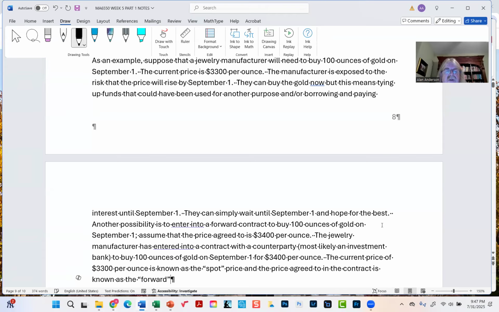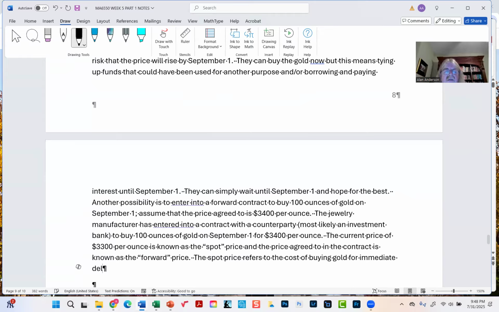The distinction between the two is when it is going to be delivered. The spot price refers to the cost of buying gold for immediate delivery, and the forward price is the price or the cost of buying gold for delivery in the future.